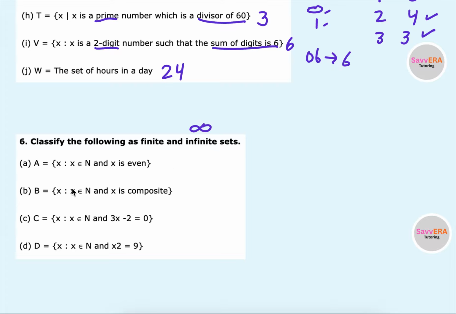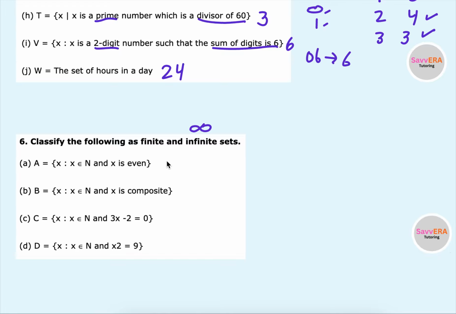So the question is asking, set A has x such that x is in N and x is an even number. So therefore, that could be any number.